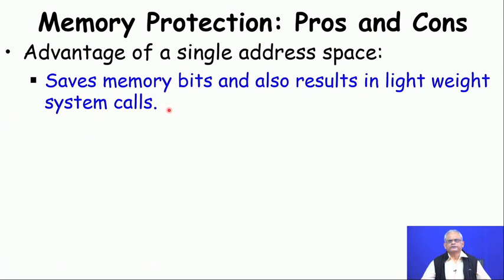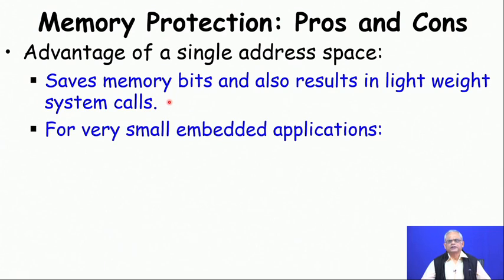No checking of protection bits etc. is necessary, and it also saves on the memory bits required to ensure protection. Therefore, the calls become lightweight, that is efficient, and require less memory.